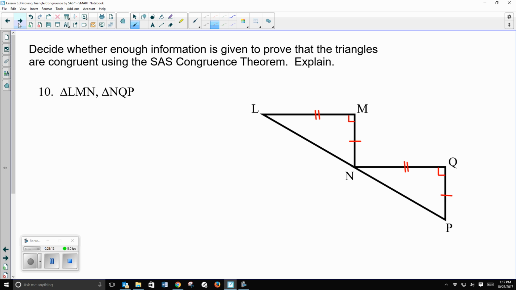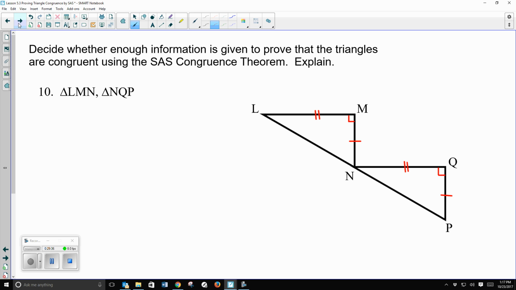So, look at the 2 figures. Are they congruent? Yes. How do you know? Because they're 2 sides of an angle. Okay. Would you say that M and Q would be the included angles? Yes. Because it's between, right? If it was this angle over here and this angle over here, it would not be. We couldn't determine that they're congruent.